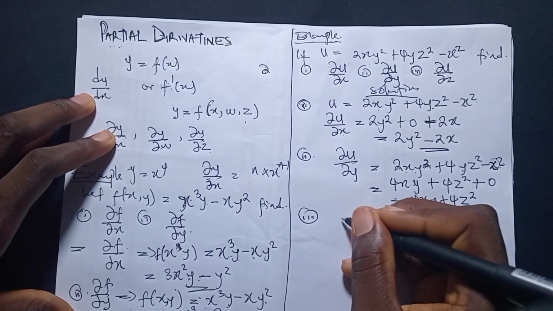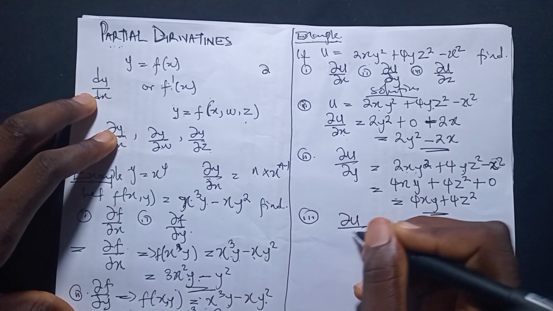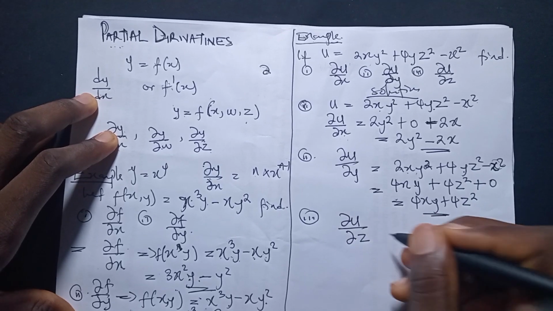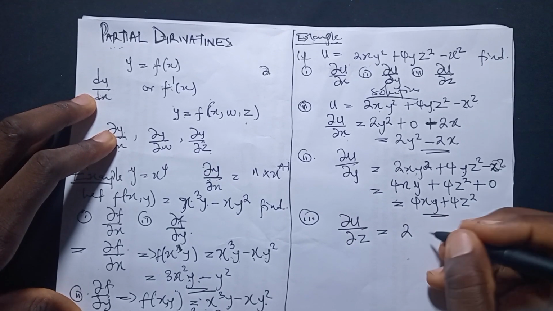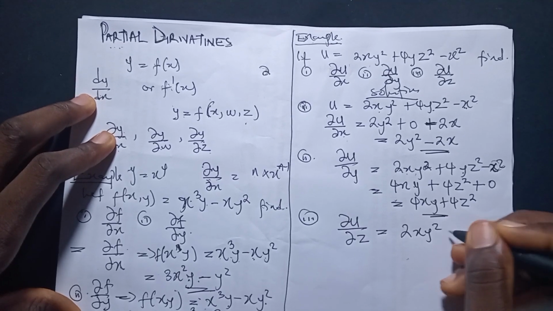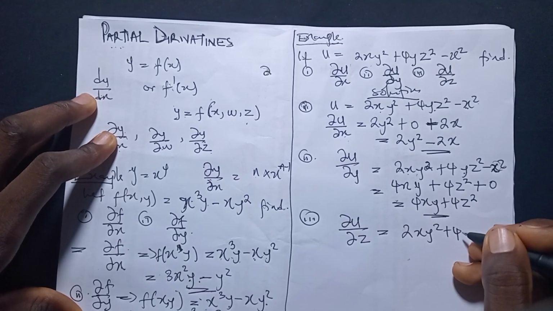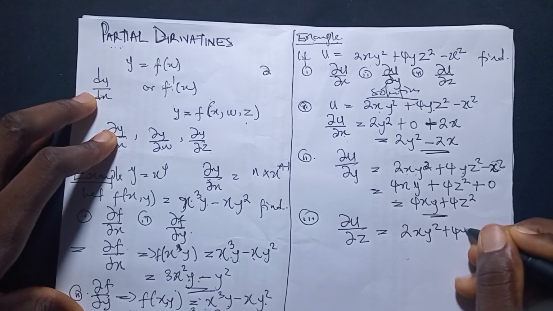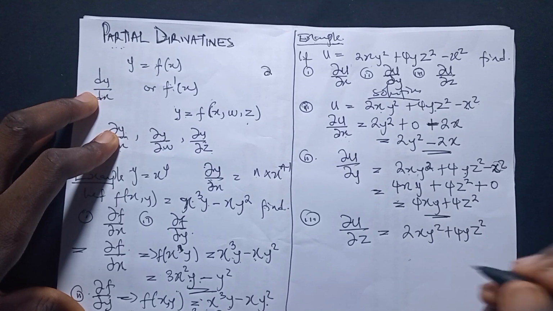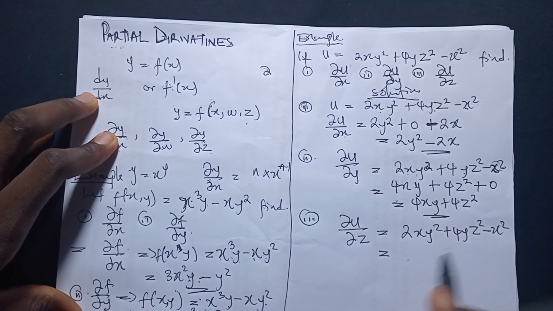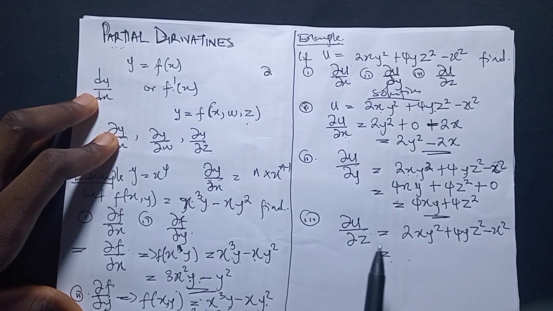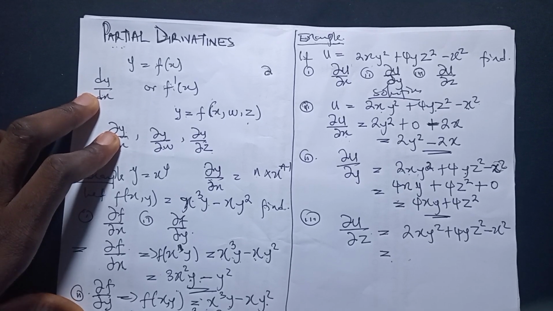Now for the third question, we are asked to differentiate u with respect to z. So what we are given is 2xy squared plus 4yz squared minus x squared. Now we are differentiating z, keeping every other thing constant.